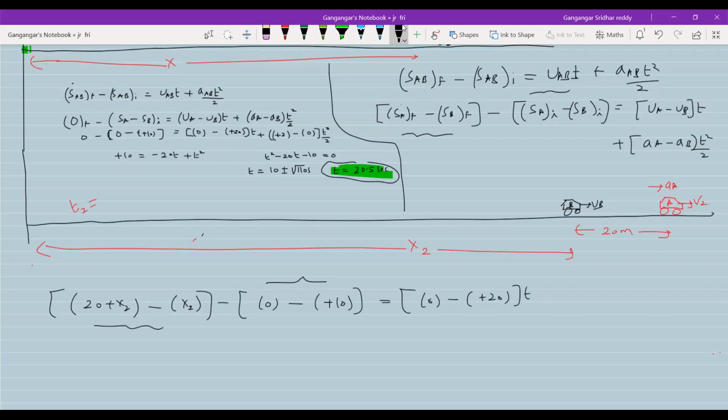Here you have 0 minus of plus 10. Look at this left-hand bracket, I'm substituting this formula. Finally, the car is at what position from the origin? 20 plus x2. And car B is at position x2. X2 will get cancelled.